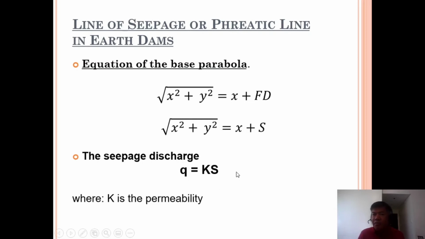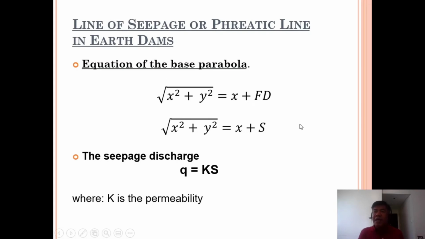This one is more exact compared to the flow net, because you multiply this S value by the permeability, and then you have the value of the seepage discharge. But then again, this one is graphical.